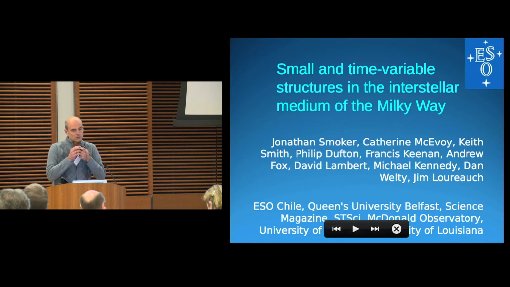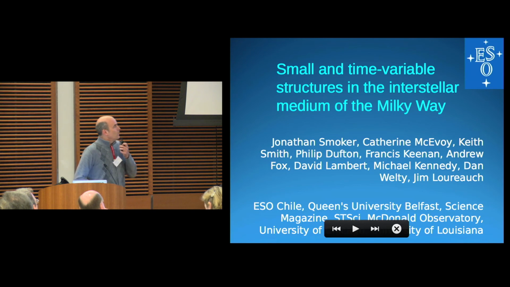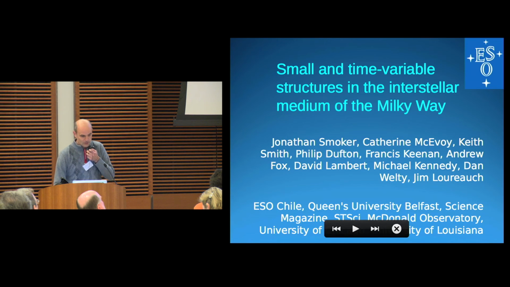Okay, so I'd like to talk today about some observations that we've taken looking for small and tiny scale structure in the interstellar medium. My collaborators with this were my PhD student Catherine McEvoy and many others.